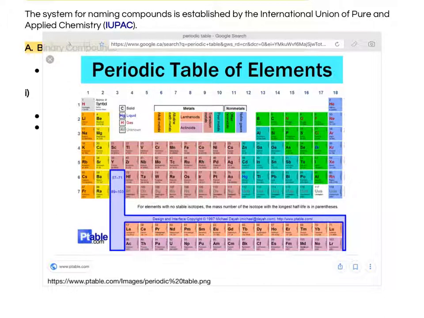And so here I have a browser with the periodic table of the elements. Let me see if I can zoom in a little bit here. Nope, not letting me zoom in. That's okay. So I want to remind you of a few details.